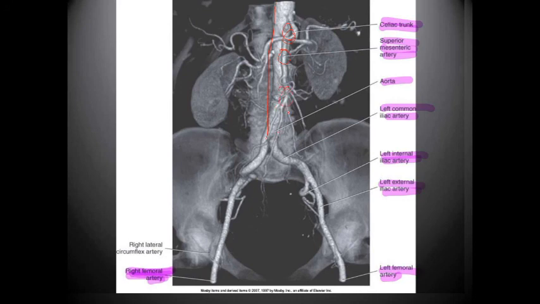Then we have the IMA somewhere, probably around here. We have the bifurcation of the aorta, and at this bifurcation it goes into the left and right common iliac arteries, and then these common iliac arteries bifurcate again to form the left and right internal and external iliac arteries.